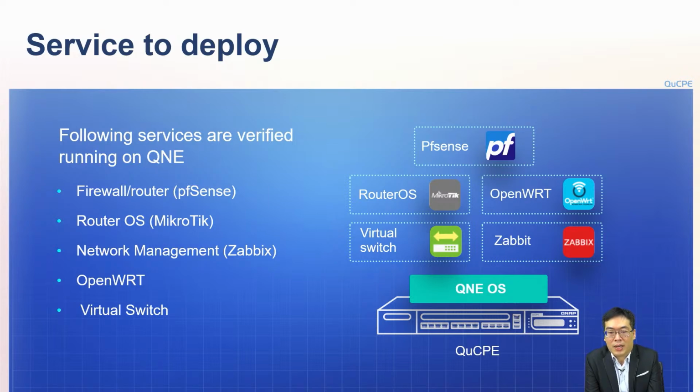Those open source solutions have been tested, and also some of the VNFs from third parties like Fortinet, Sophos, or Cisco. As long as they provide a virtualization-based VNF on their roadmap, we are able to run it on top of our QRE operating system as well.